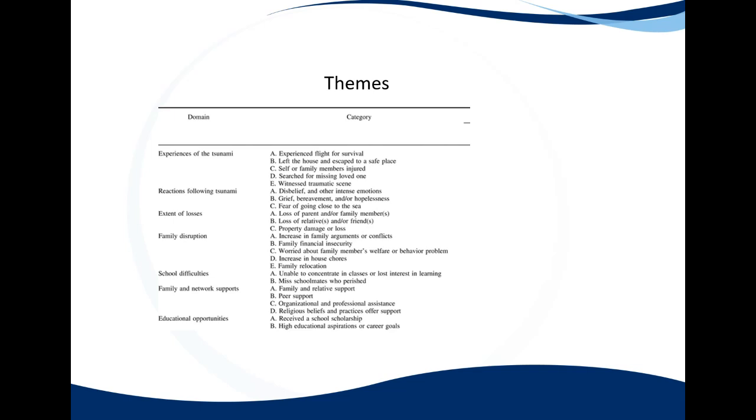COVID-19 had a huge impact on people because people lost their loved ones. It caused disruption of family because we could not visit each other because of the lockdown. Schools had to close and children were at home. You lost your network and support. So can you see those similarities in terms of what can come up?